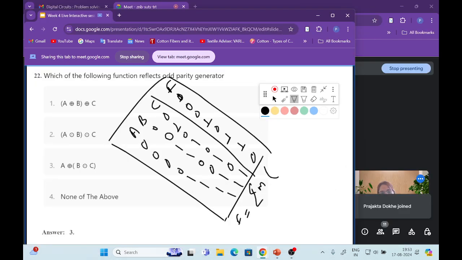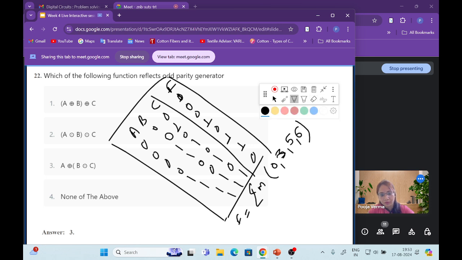The minterm representation of this: which is 0, at which position? 3. Here it is at which position? 5 and 6. Yeah, it's 6.